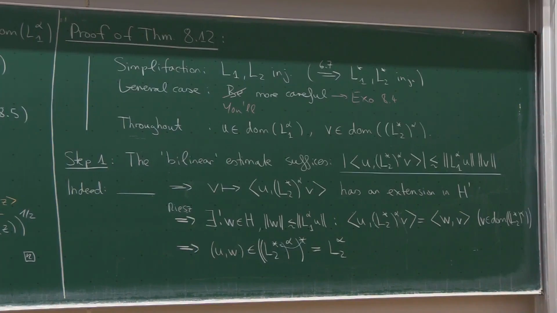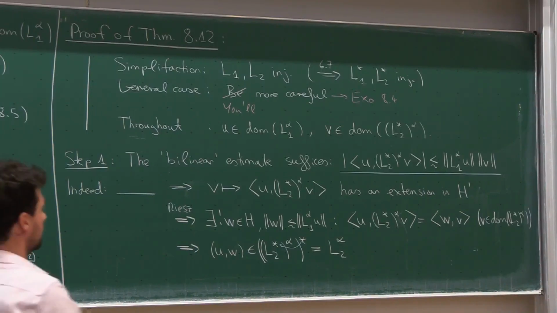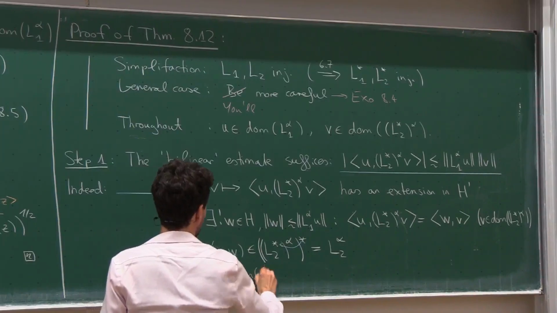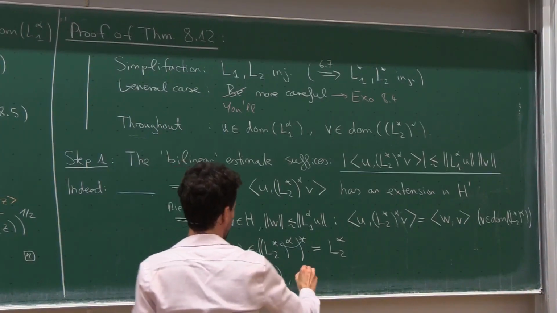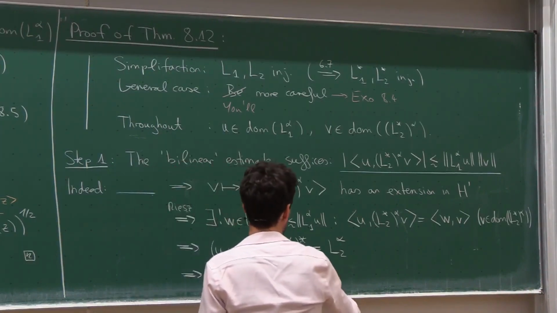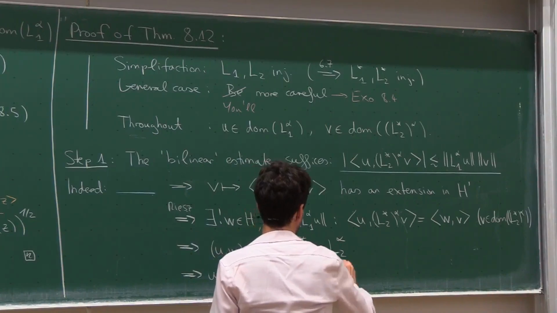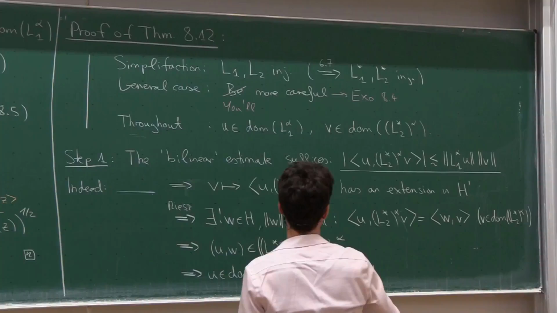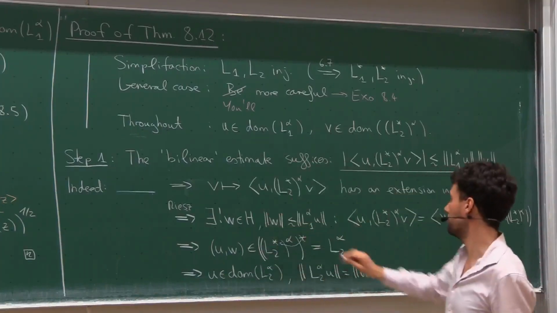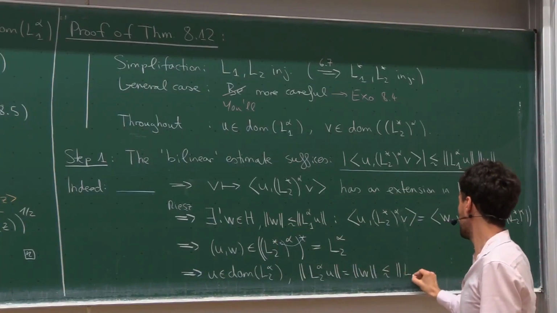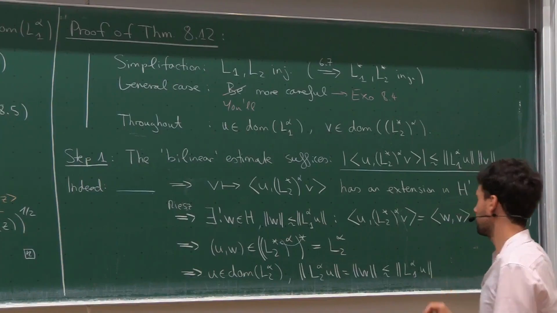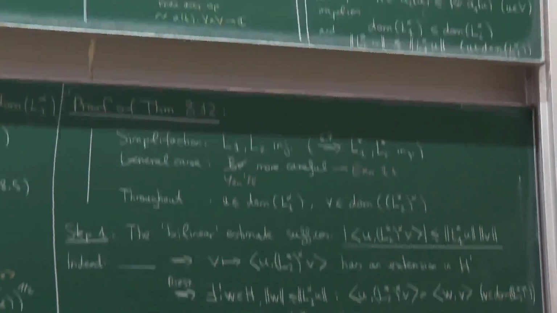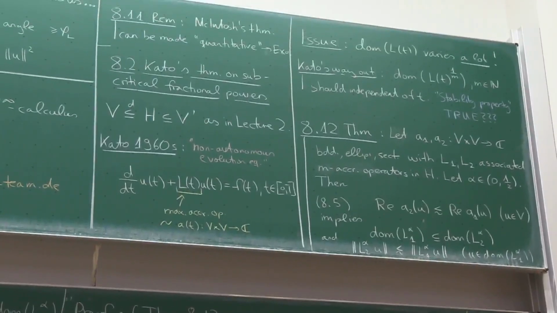Well, if U, W is in L2 to the alpha, this means that U belongs to the domain of L2 to the alpha, and that L2 to the alpha of U is precisely this guy W, and W is bounded in norm by L1 alpha of U. And so I proved everything I'm claiming. Right? So that would give the claim.